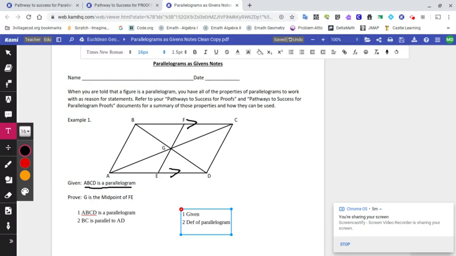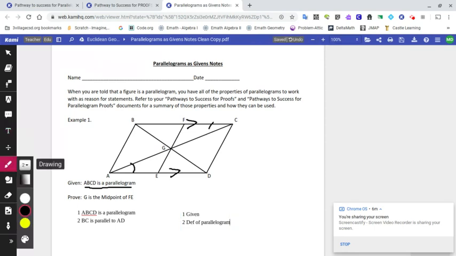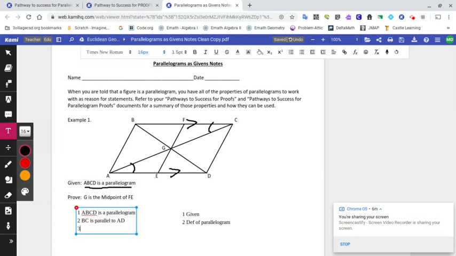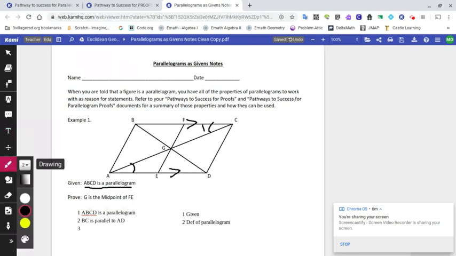Since those two sides are parallel, I've got alternate interior angles, I might have alternate exterior angles, I might have corresponding angles. As soon as I've got parallel lines, it opens up a whole bunch of opportunities for angles. And I can see now that this angle and that angle will be congruent to each other because they're alternate interior. So that's what I'm going to say next. Step 3: I'll call this angle 1 and this angle 2 just to make things easier.